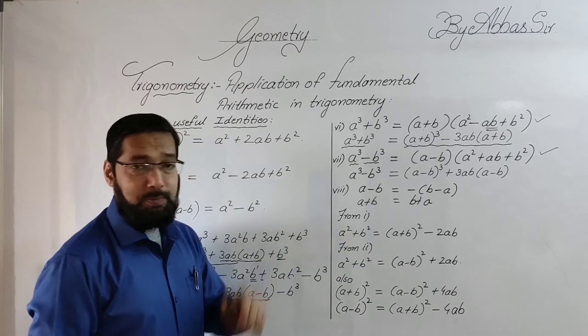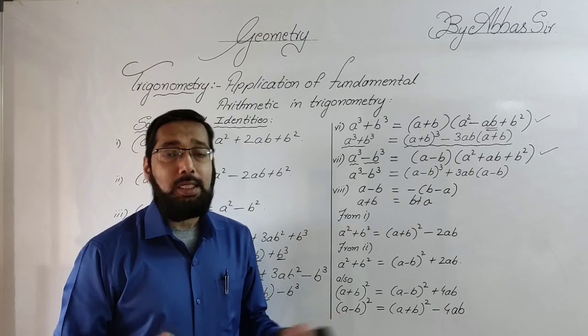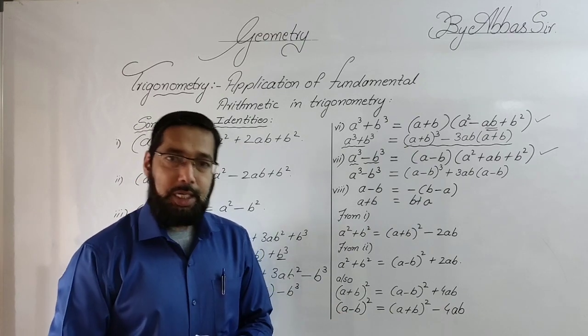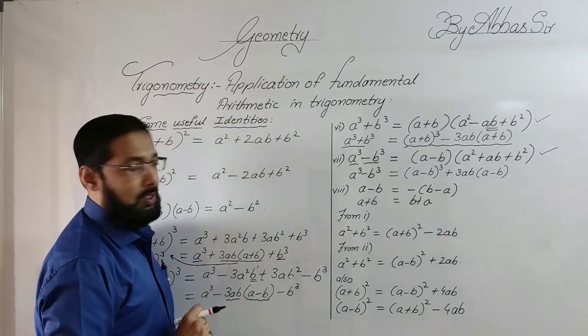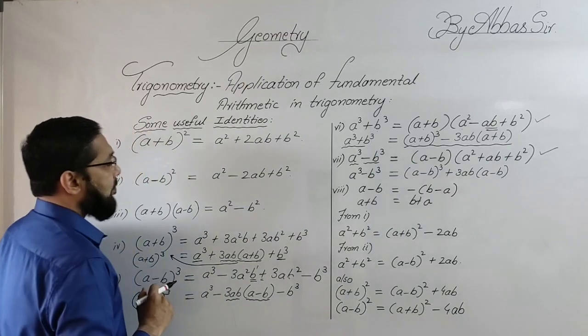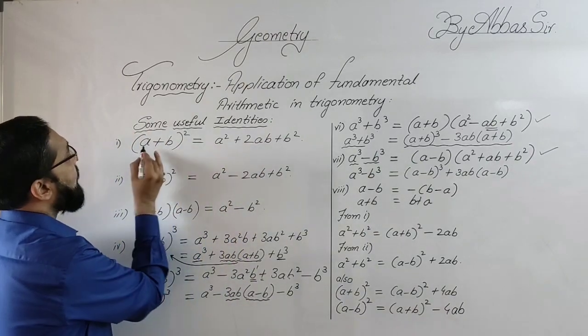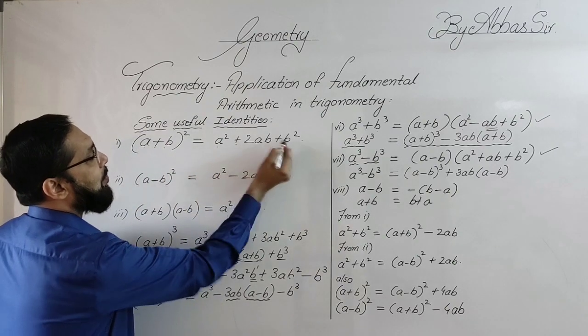Now, a square plus b square. You will wonder, sir, we don't have any identity based upon a square plus b square. You are very true. We don't have any identity for a square plus b square, but we can make certain modifications, friends. For example, see identity number 1, where we had a plus b the whole square is equal to a square plus 2ab plus b square.